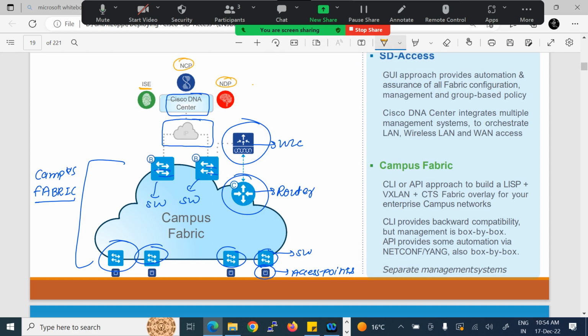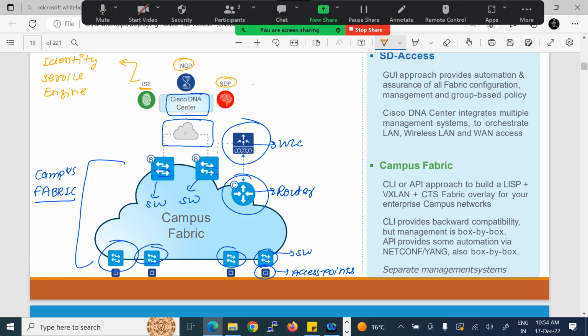Do you have any idea about ICE? So don't think that ICE is introduced by DNA Center. ICE has been here for a very long time.